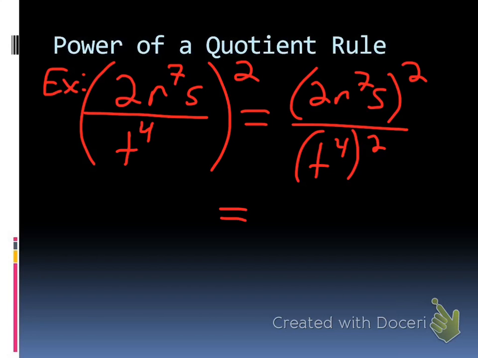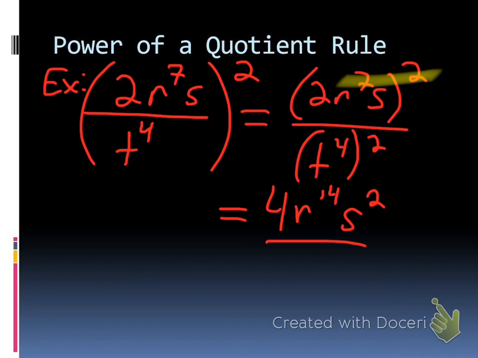Let me expand this real quick. 2 squared is 4. R to the 7th squared is going to be r to the 14th, power to a power rule, and then s squared, divided by t to the 4th to the 2nd, which is t to the 8th.